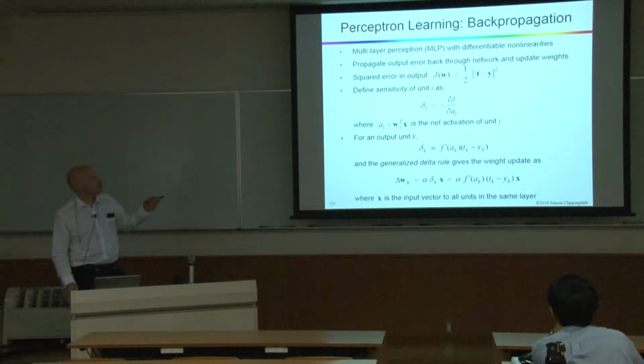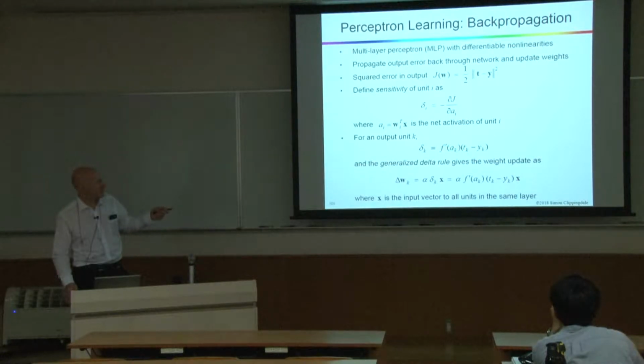Okay, so that's known as the sensitivity of the ith unit. And for an output unit, a unit in the output layer, the sensitivity is simply the delta of that particular unit's output, times the derivative of the nonlinearity at the activation value a_k.